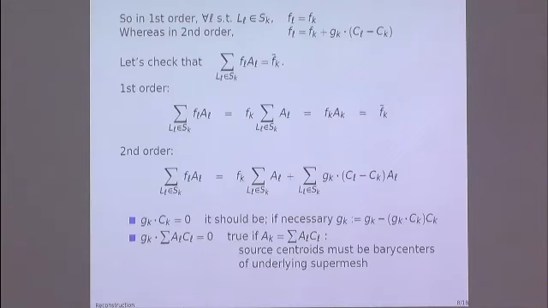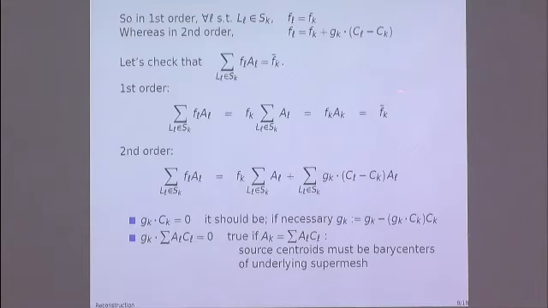So what happens? In the first order reconstruction, the reconstruction on the supermesh is very straightforward. It's just the value of the function on the parent source cell. Whereas in second order, you correct this value with the help of the gradient that you've just computed.